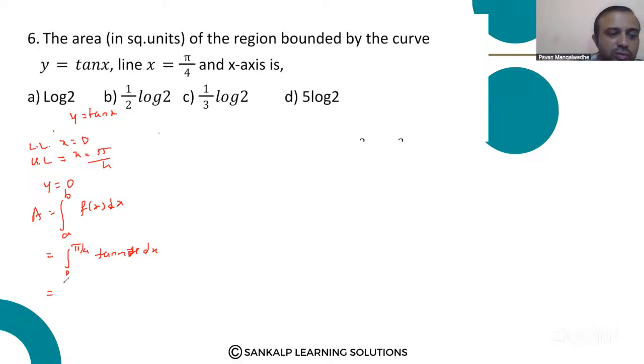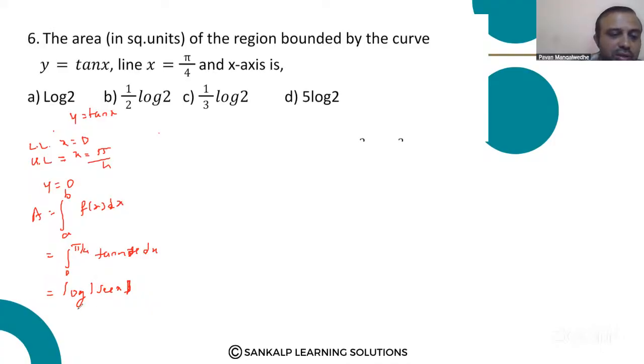Now evaluating this with the help of standard integrals, the integral of tan x dx is nothing but log of mod of sec x, because log is the natural logarithm in integration.